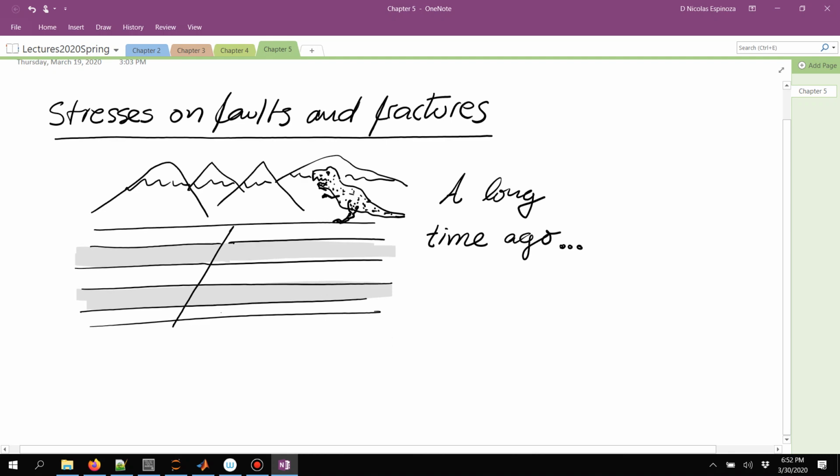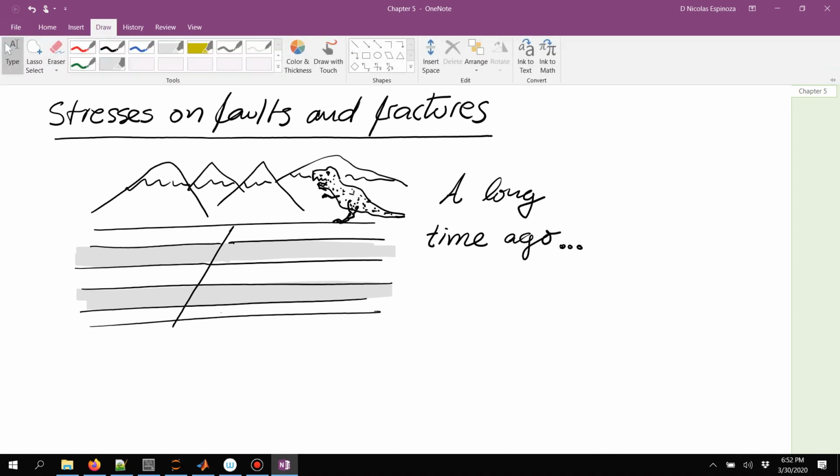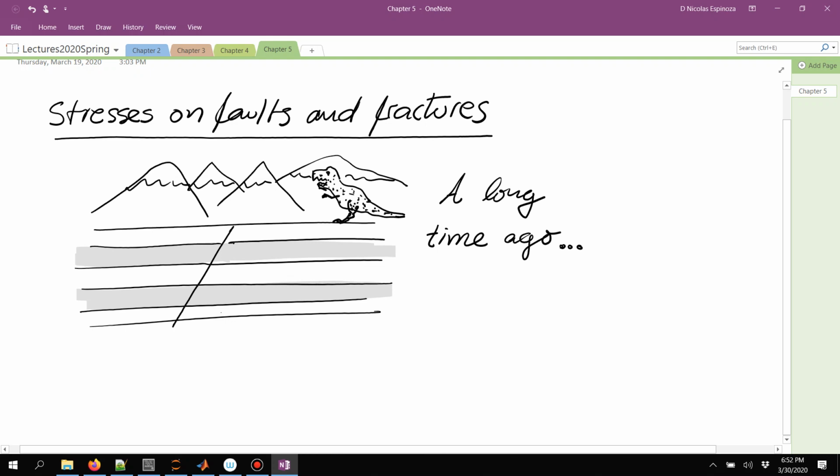Let's imagine this sedimentary system a long time ago, let's say 100 million years ago, in which we have several layers that are deposited in a sedimentary basin and for which we have an active tectonic strain, which is happening at this particular place, and the tectonic action is going to create stresses in the horizontal direction.